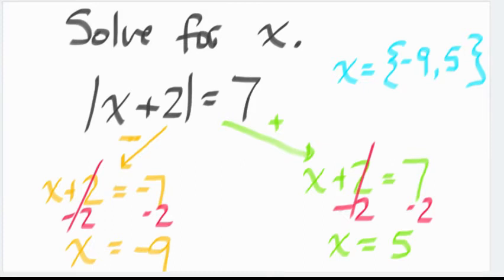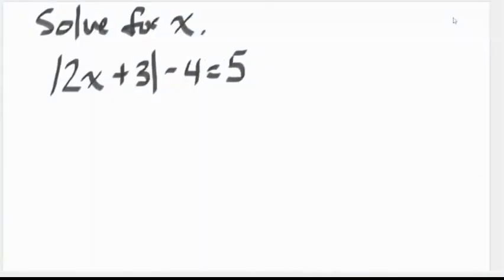Let's take a look at another one. In one like this, where there's something on the outside of the absolute value, in this case the -4, we need to get rid of that first before we can do that split move, because we need that absolute value part to be isolated.